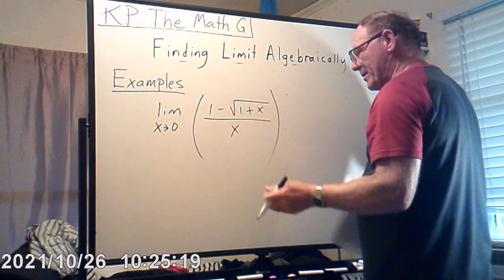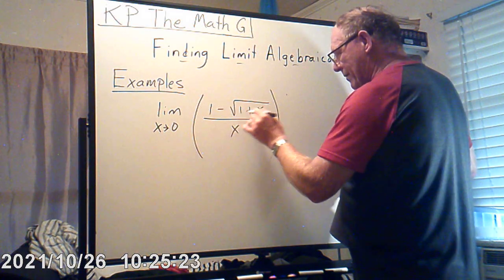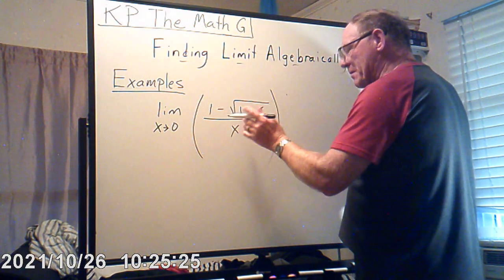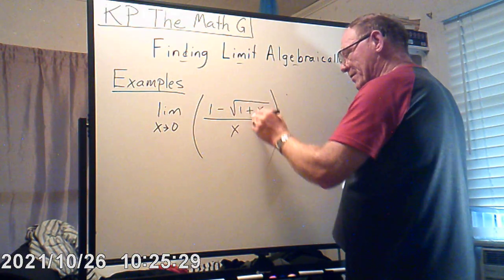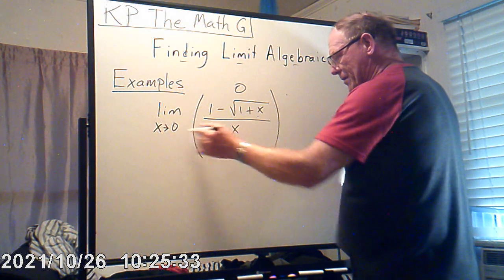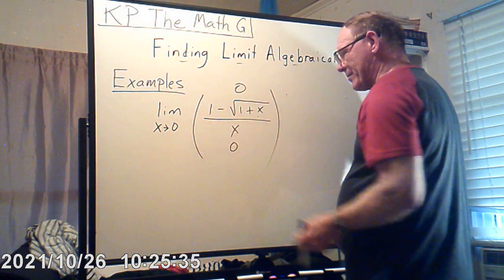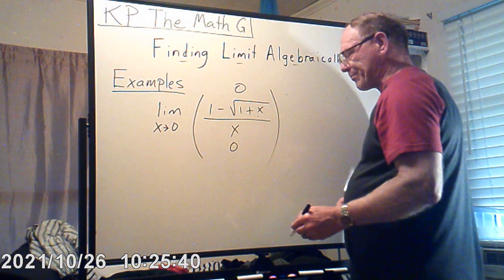And here again is another indeterminate. If you plug in 0 here, this is 1 plus 0. The square root of 1 plus 0 is 1, so the square root of 1 is 1. 1 minus 1 is 0. And then, of course, if you put 0 down here, you automatically have 0. So this is indeterminate.